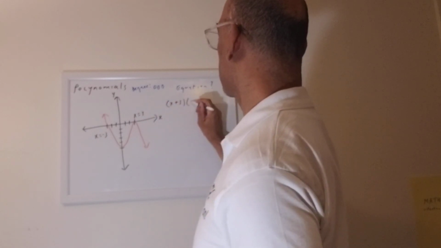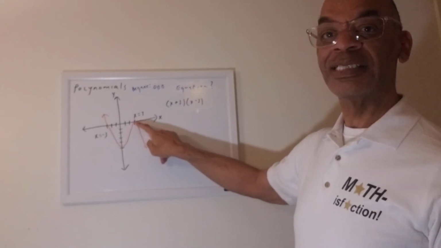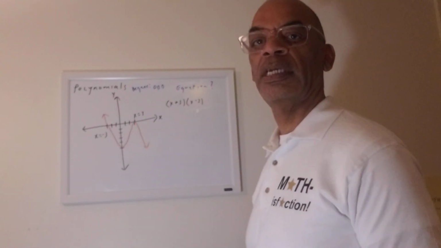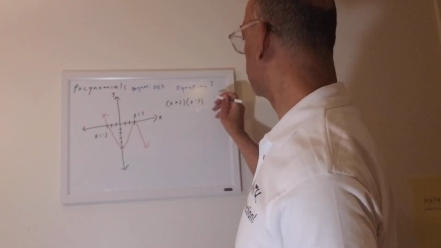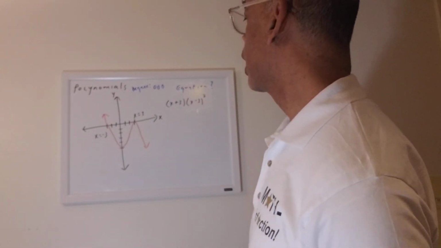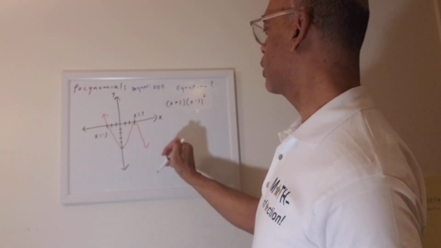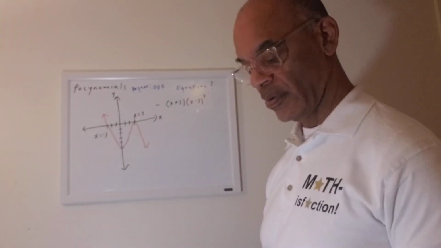It's going to be x minus 3. Because it touches and turns, it has a multiplicity of 2, or in general, an even multiplicity. Our a value is going to be negative because the right end goes down. We know we need a negative.